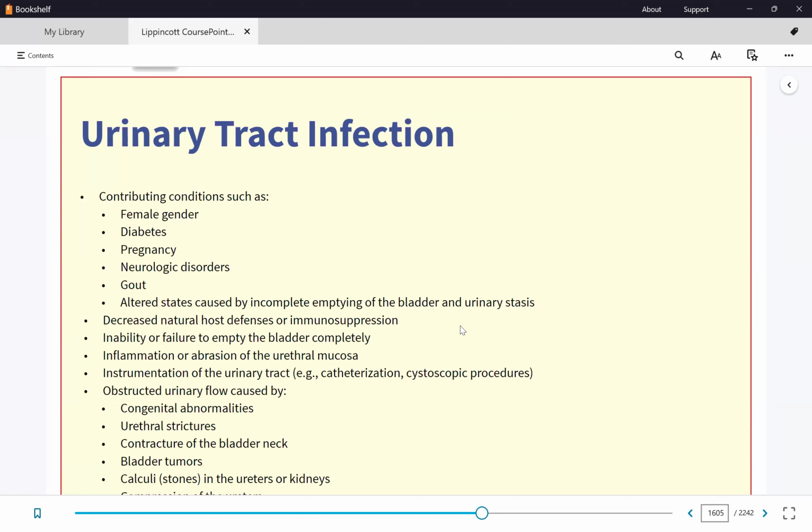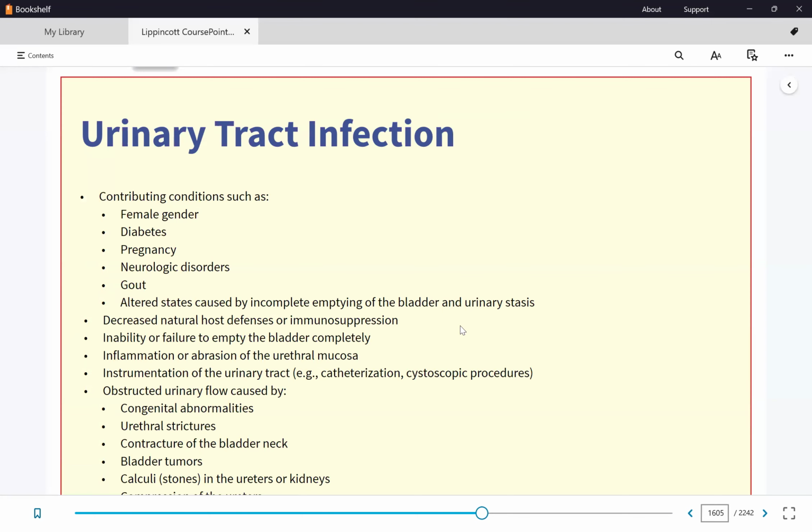Okay, they're either incontinent or they have urinary retention. So either they can't pee or they are incontinent. Gout, and then again, any other condition that causes urine to stay in the bladder. Like by neurologic disorders, we're referring to what we call a neurogenic bladder, meaning a bladder that doesn't contract anymore.